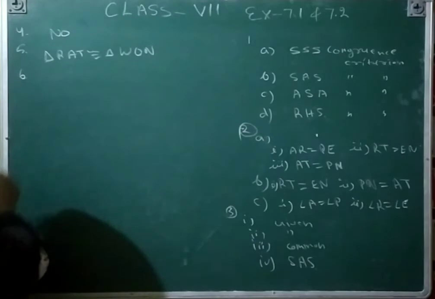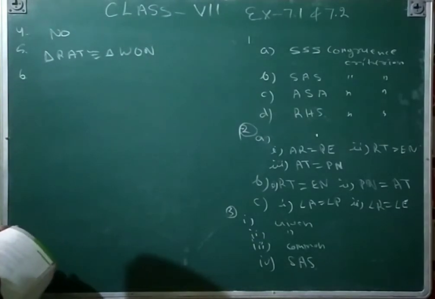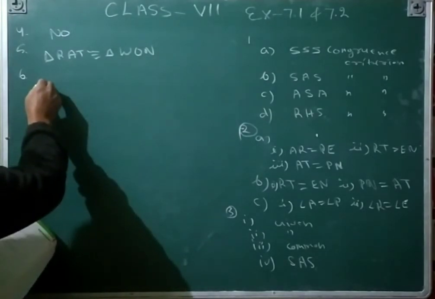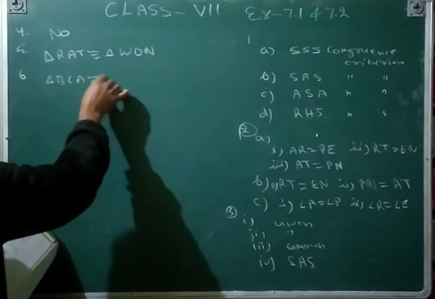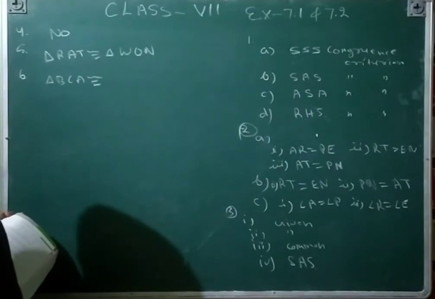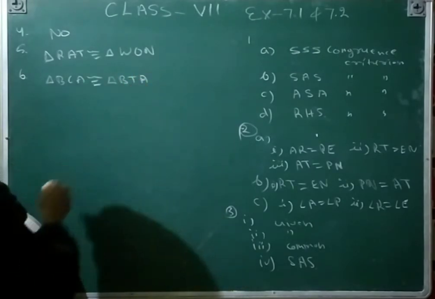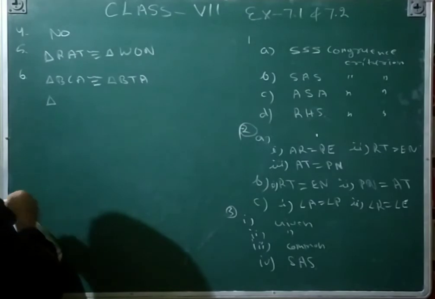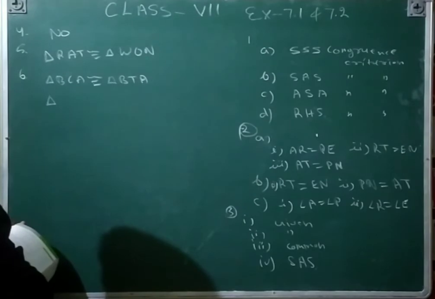Sixth question, complete the congruent statement. The first triangle BCA is congruent to triangle BTA. And then the second triangle QRS is not given.